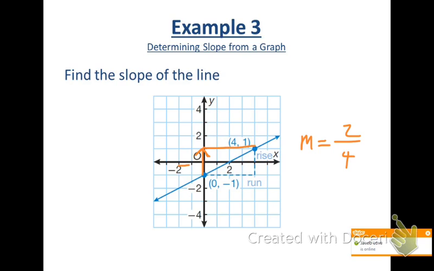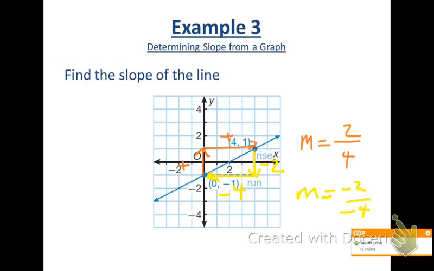If I'm going up, that's positive, right? If I'm going right from that point, that's also positive. Now, if I went from this point to the other point, if I wanted to go down, that's negative 2, and left 4, that's negative 4. We still have a slope of negative 2 over negative 4, which still simplifies to positive 1/2. Okay? So we get positive 1/2 no matter how we count the slope.